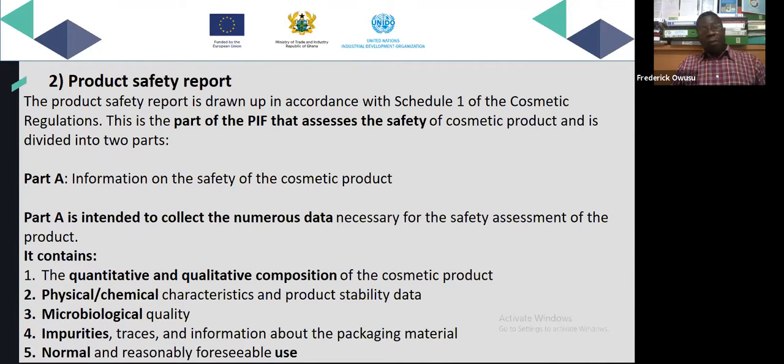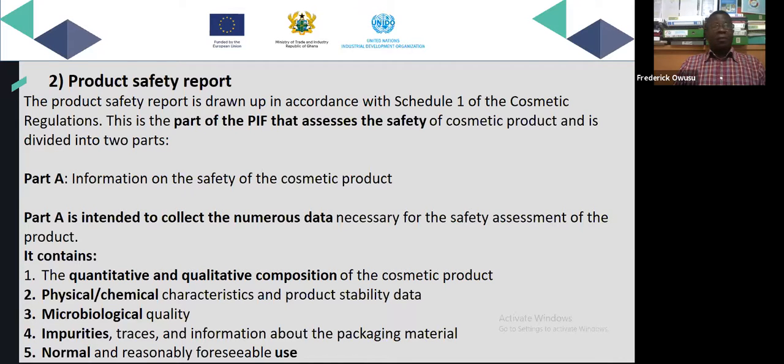You should also talk about the microbiological quality. That is why when you send your product for the quality evaluation or the testing, they do the microbiological aspect, the quality, trying to tell you or find out whether it contains any pathogen.